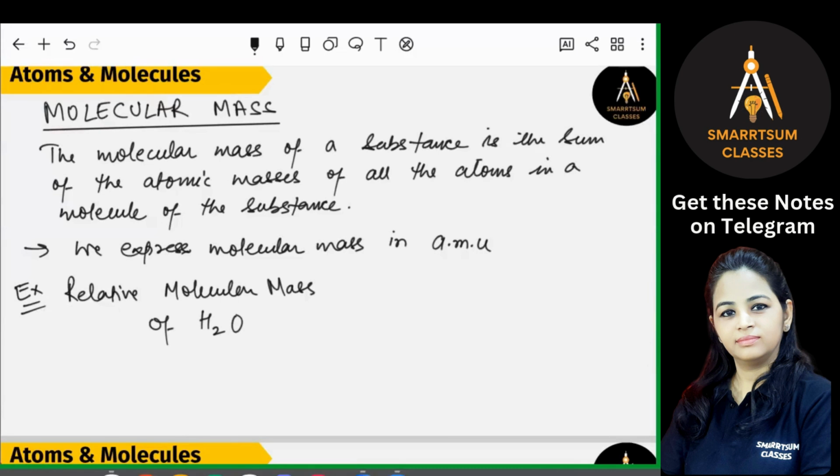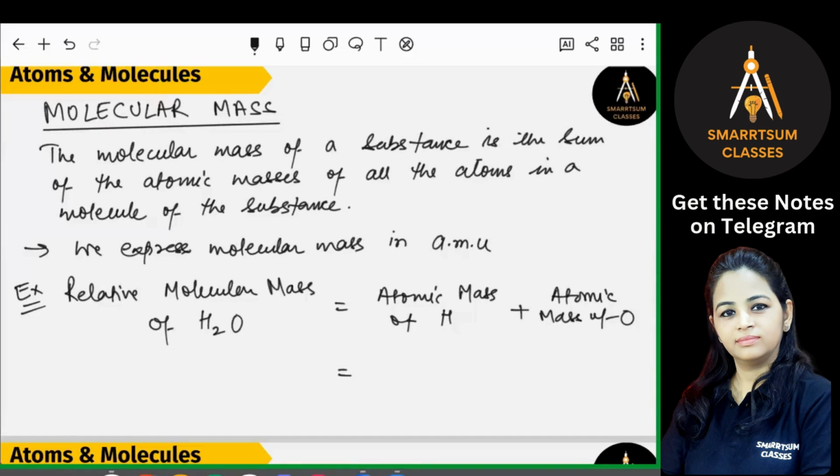It can be calculated as the atomic mass of hydrogen plus the atomic mass of oxygen. Is that clear? The atomic mass of hydrogen is 1 and the atomic mass of oxygen is 16.